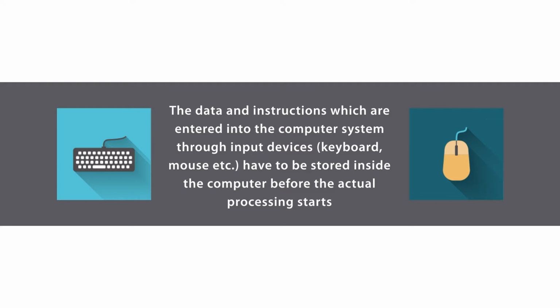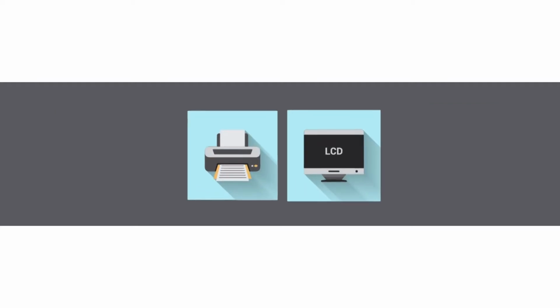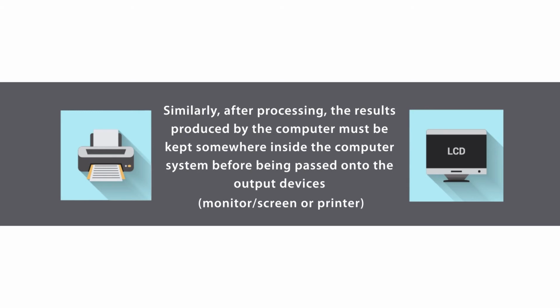From there the data as well as instructions, meaning the program or the application, are stored in the computer system, and then processed as per the specific instructions you have written in the program, operating on the data which is loaded in the main memory.